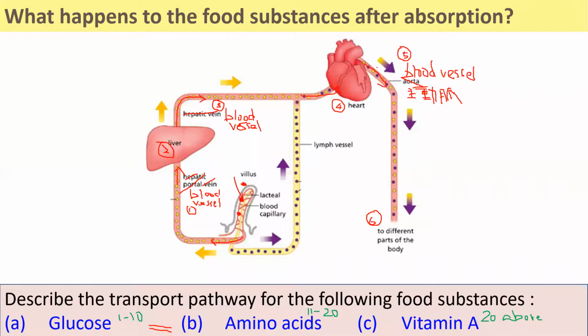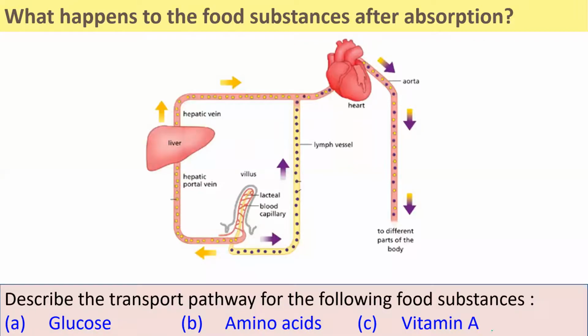So that means when you give the answer for C, what should you first consider before you trace the pathway in the picture? The first thing you should consider is whether this food substance is water soluble or fat soluble. So by your knowledge, how about vitamin A?